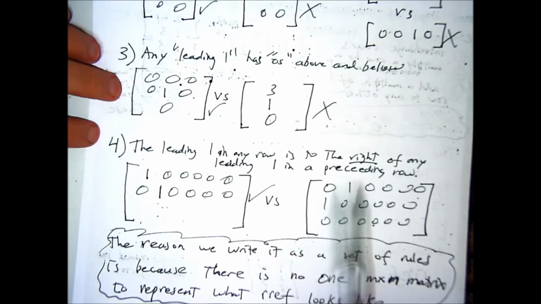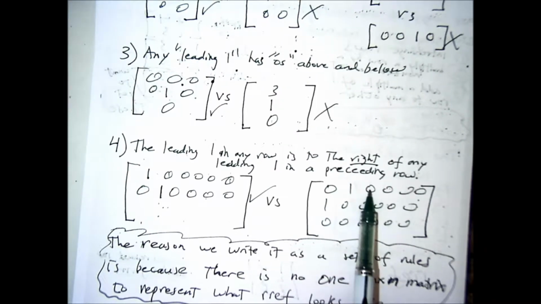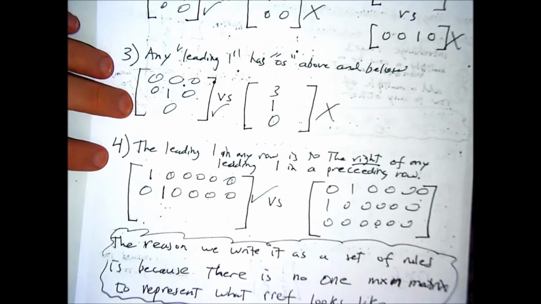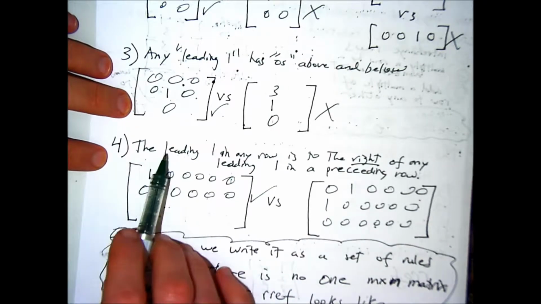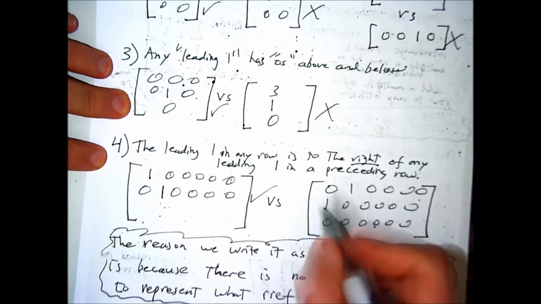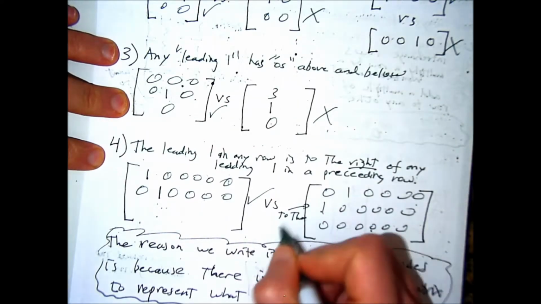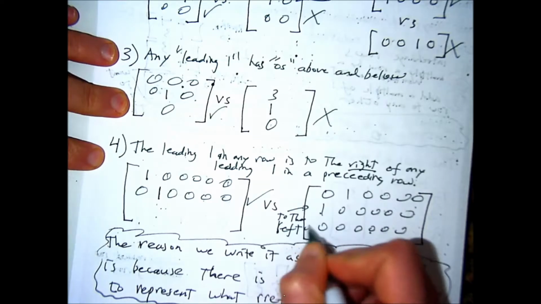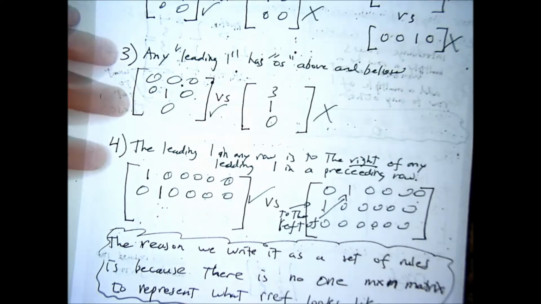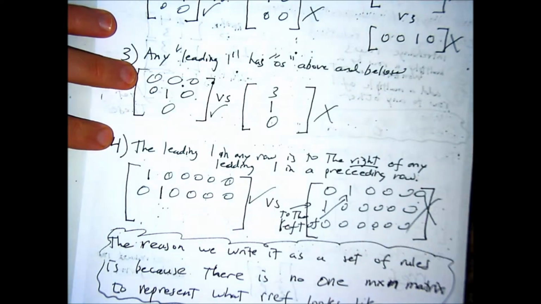Actually, that's not true. See, this one's breaking rule number 2. But it's definitely breaking rule number 4. This is to the left of this, which it should not be. So this is not reduced row echelon form.